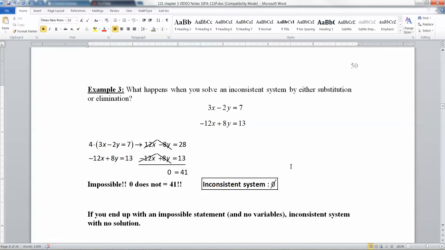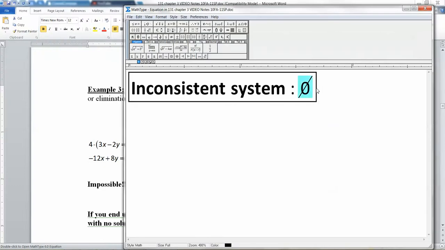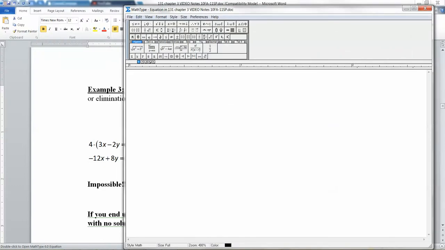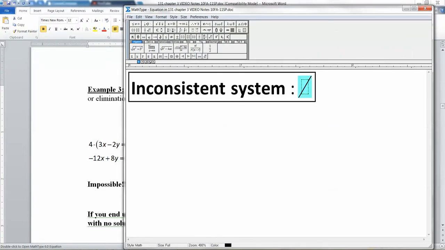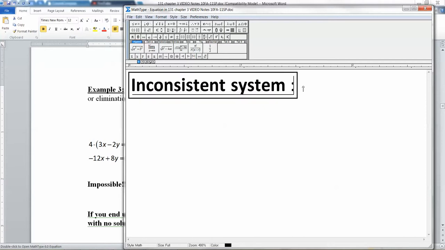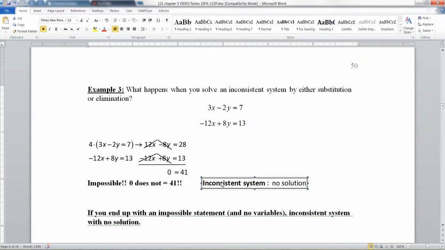Which you could say no solution, by the way. You don't have to do the 0 with a slash through it. You can just say the words no solution if you like. That'll work as well.